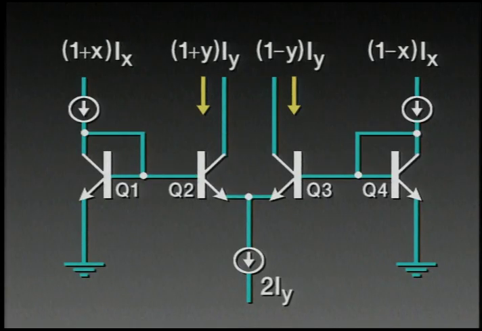The beta immunity arises in the following way. In fact, we can analyze this intuitively, although it's better to do this more accurately and more rigorously, but just look at the way this thing behaves. Let's suppose for the moment that the base currents of Q2 and Q3 really don't matter. And in fact, the output modulation index Y is identical to the input modulation index X. If that is the case, the proportion of current being diverted from the input branches to the bases of Q2 and Q3 is always in exactly the same ratio, bears the same ratio as the input currents themselves.